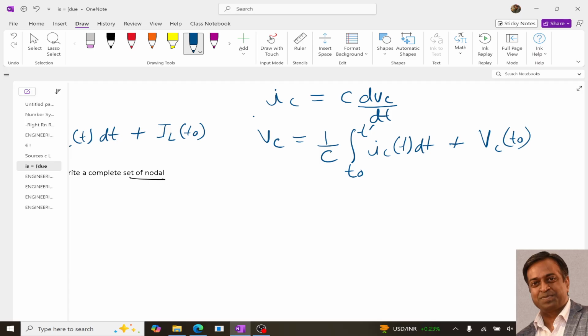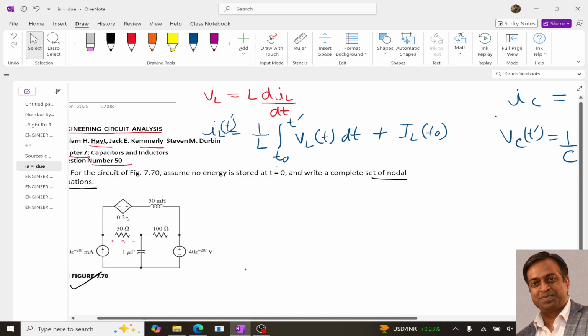And again this VC(t0), similar to IL(t0), is the initial voltage across the capacitor at time t equals t0, and the expression integrates the current from t equals t0 to t dash so that we get the voltage at t dash, right?